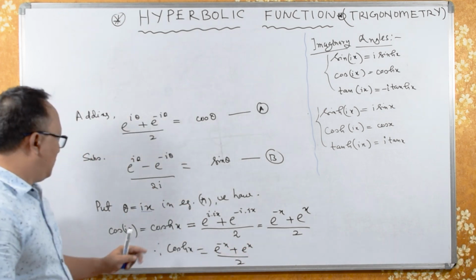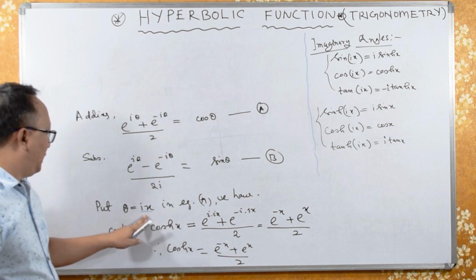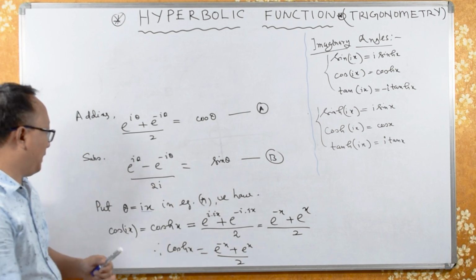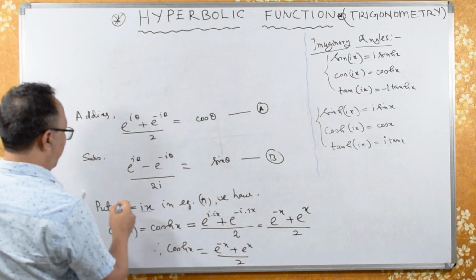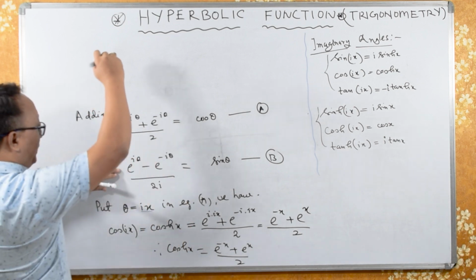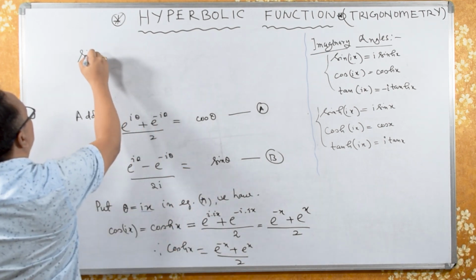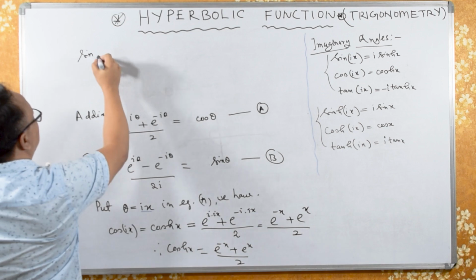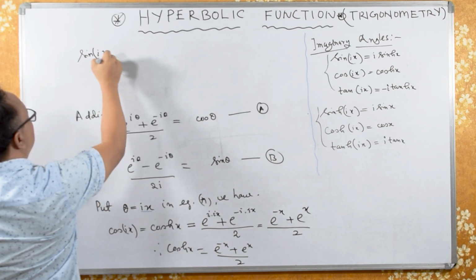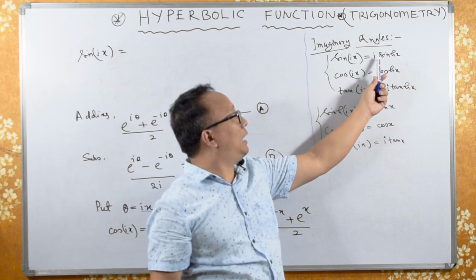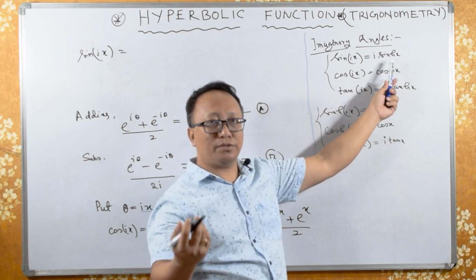Now similarly, if I substitute theta equals ix in equation B, on the right hand side we have sine of, instead of theta, you have to put ix. What is sine of ix in terms of hyperbolic? It comes out as i into sine hyperbolic x.